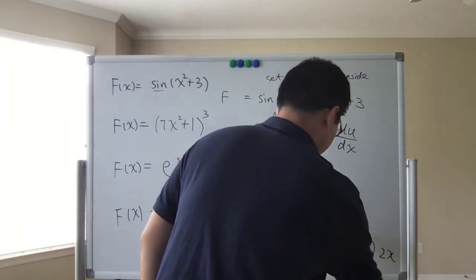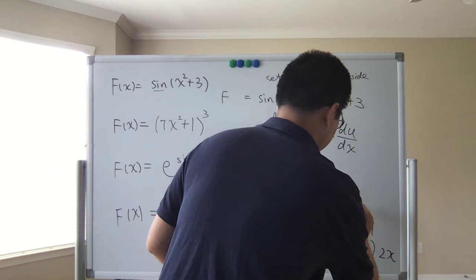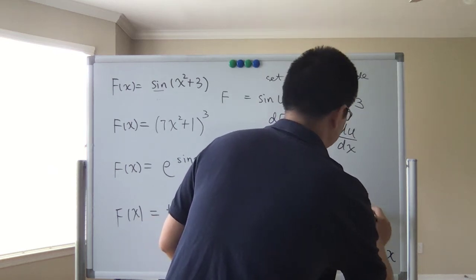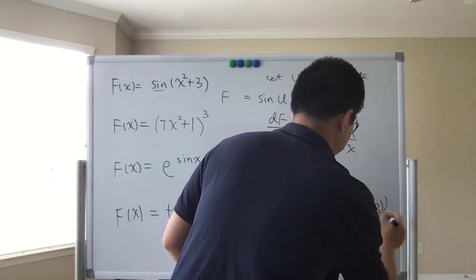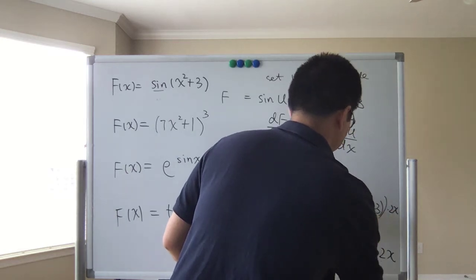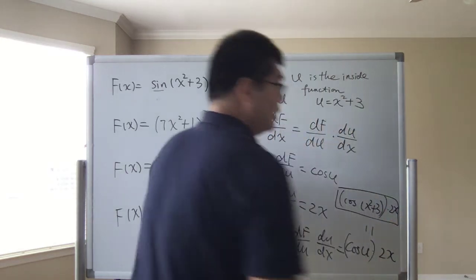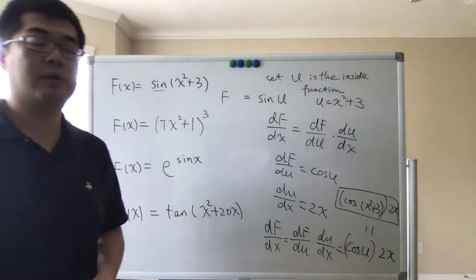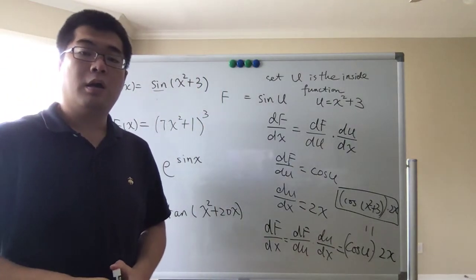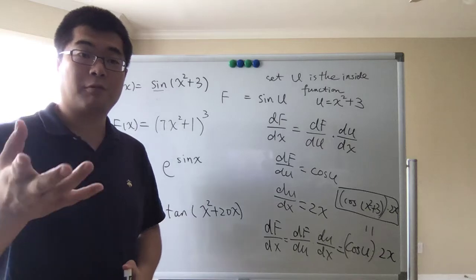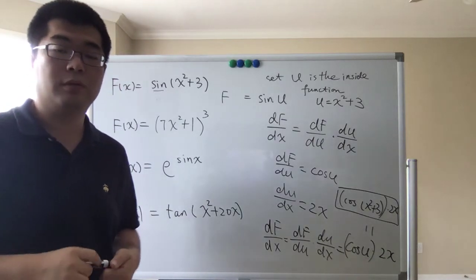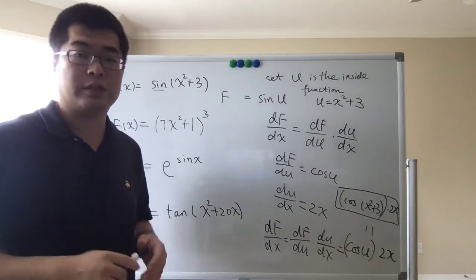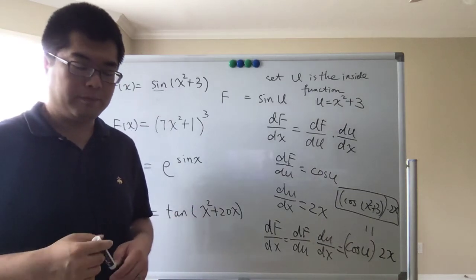Hence, the final answer is cosine of x squared plus 3 times 2x, okay? So congratulations, you just finished your first chain rule problem.